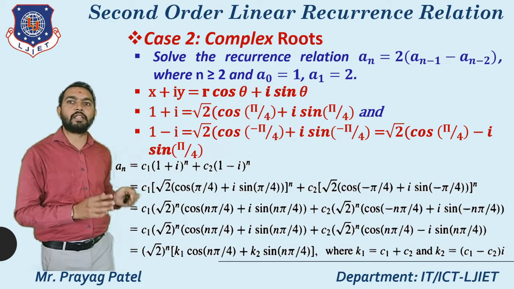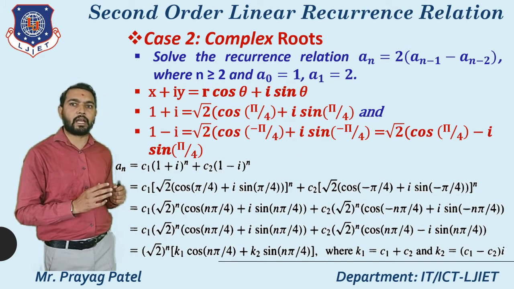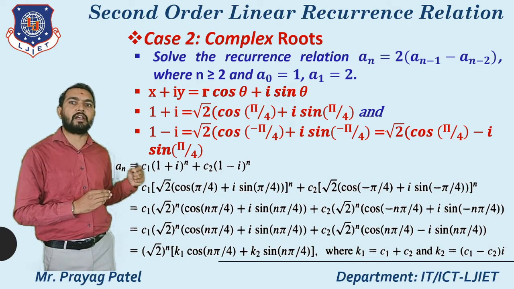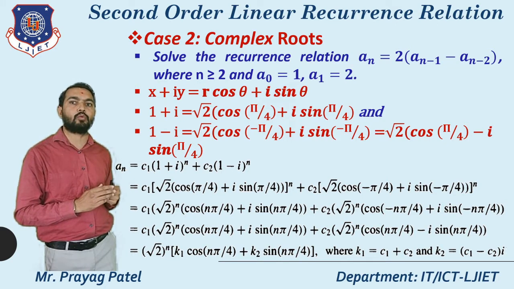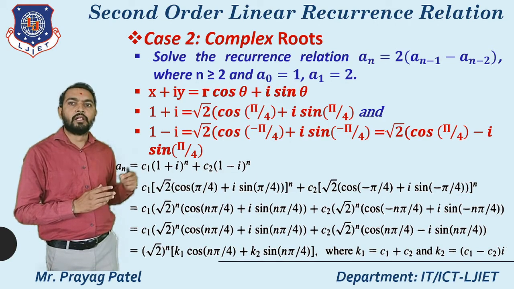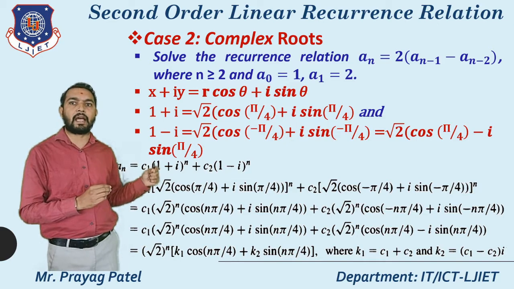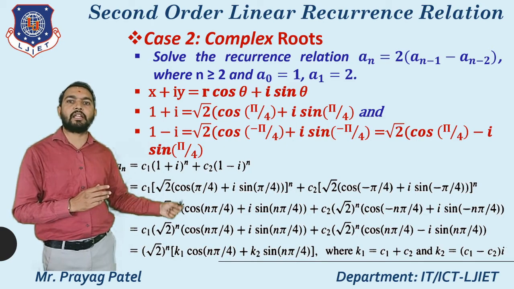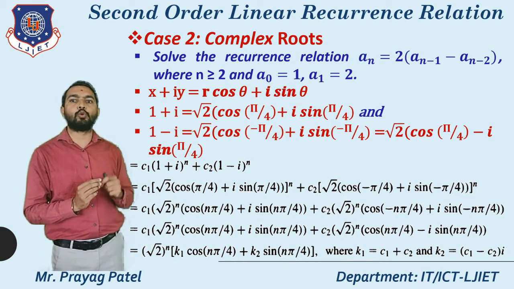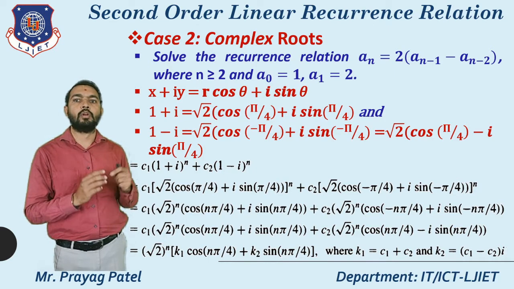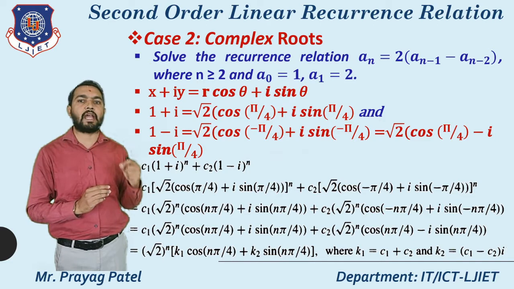Now when we solve this equation, because we know that a of n equals c1 (1 plus i) raised to n plus c2 (1 minus i) raised to n, we put in these values, 1 plus i and 1 minus i, and we get the resultant value root 2 raised to n into (k1 cos n pi by 4 plus k2 sin n pi by 4).